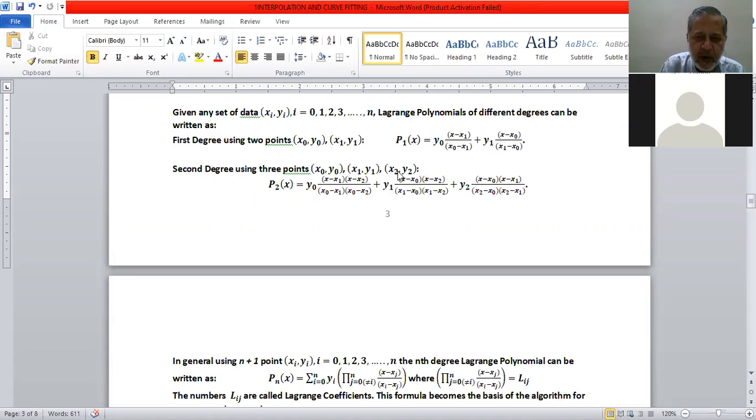Whereas given 3 data points, then the formula modifies, and this time we have a similar structure, except that now we have 3 points.